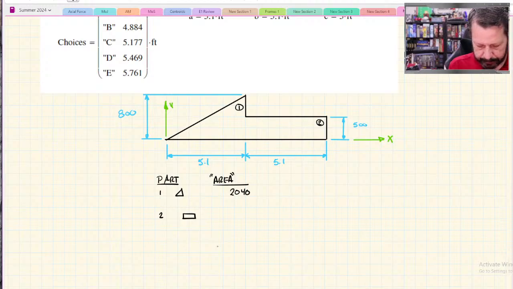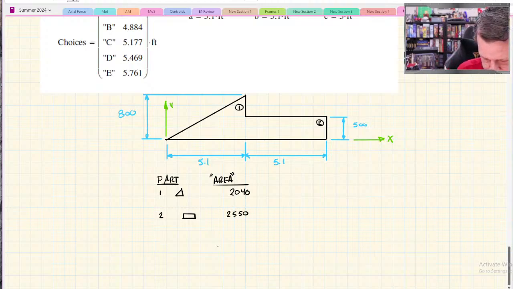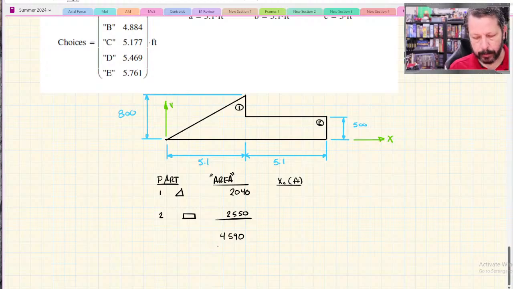For this one, 500 times 5.1 again. So this total, 4950. And then we need the x. This will be in feet. So for part 1, it's a triangle.